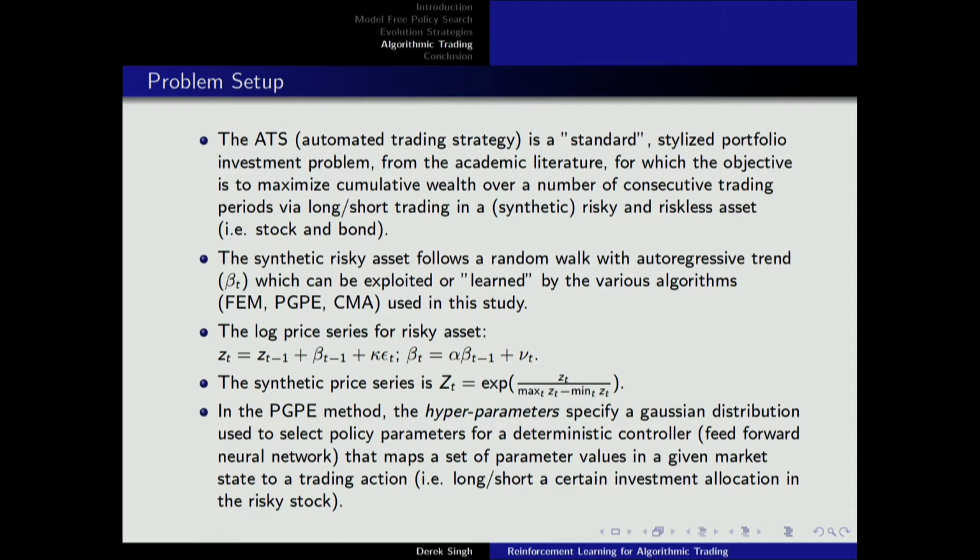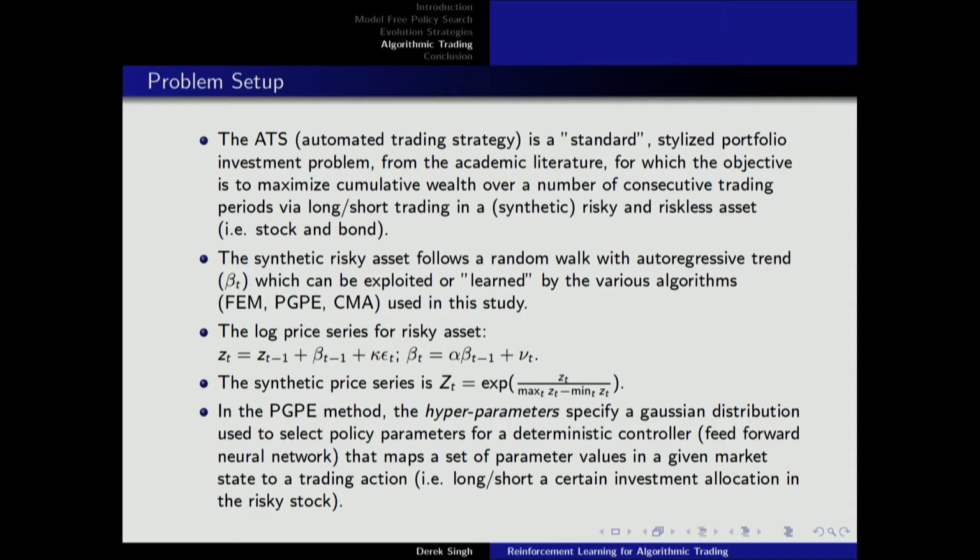And beta t itself is autoregressive with this coefficient alpha. And the final synthetic price series is this capital Z of t, which is just a normalization, essentially, with the maximum and minimum values in the denominator.